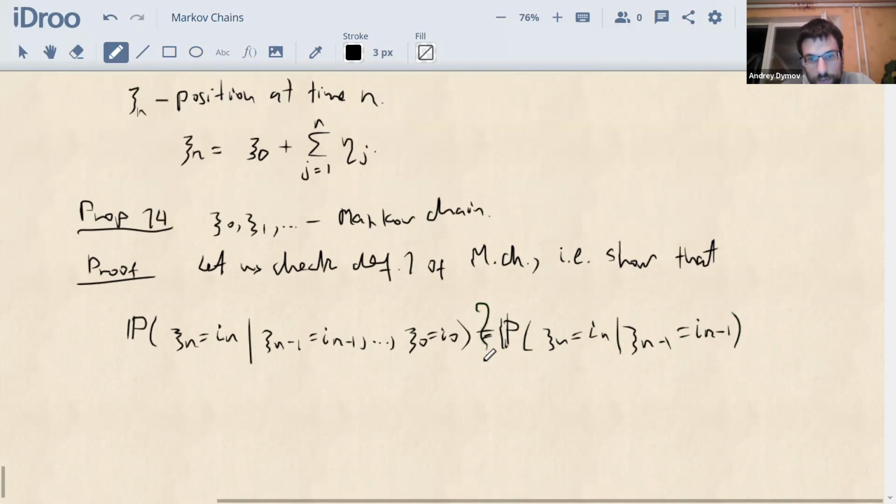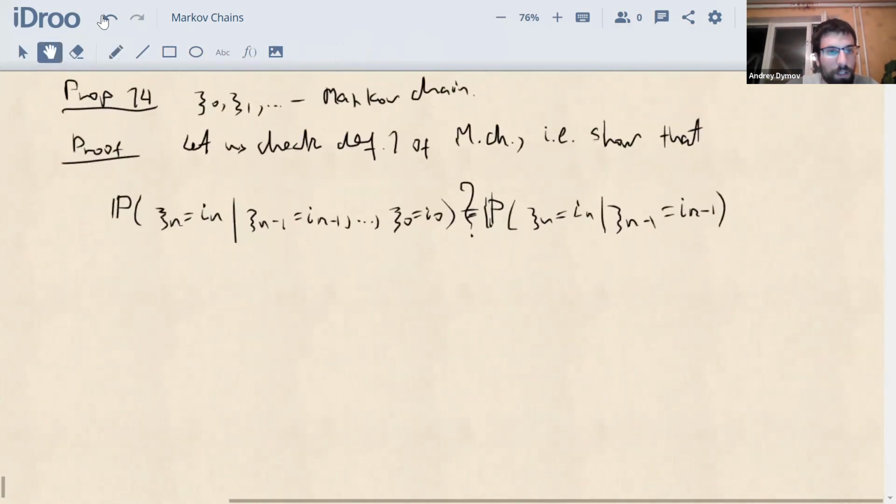So I should prove this. Okay. Let us consider the first probability. I will not rewrite it.